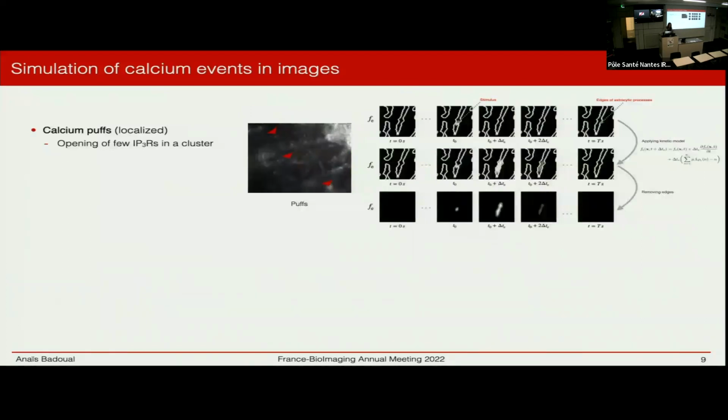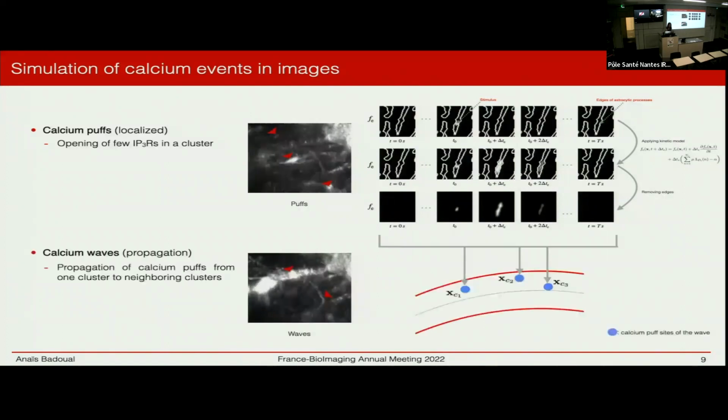So now what I just showed you is actually the simulation of one particular calcium event that is called calcium puff. So it corresponds to the signals that are really localized within macrodomain, and they correspond to the opening of one or several IP3R, but in only one cluster. But there is a second type of calcium event, which is a calcium wave.